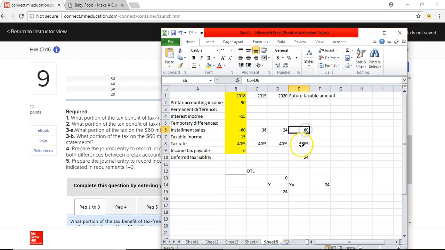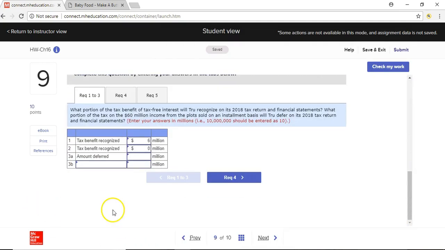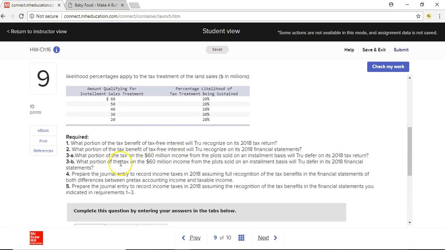So 60 multiplied by 40%, $24 million will be deferred. And then 3B says, what portion of the tax on the $60 million income from lots sold on an installment basis will True defer in financial statements?